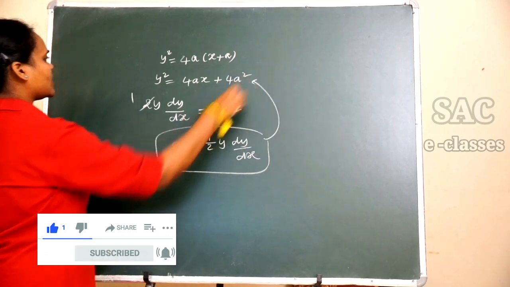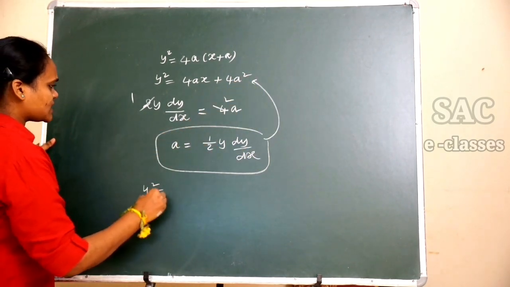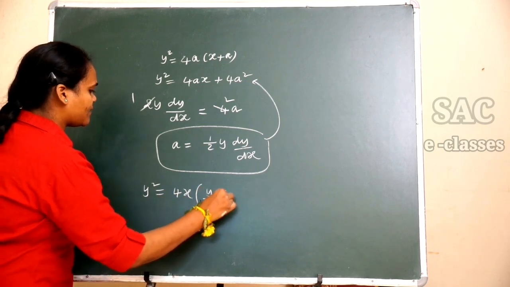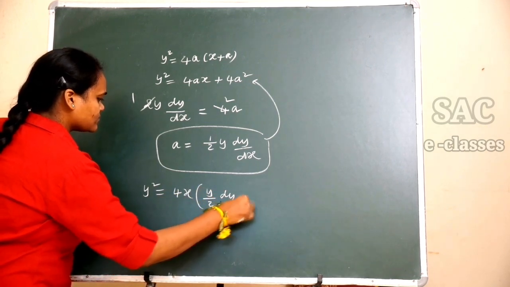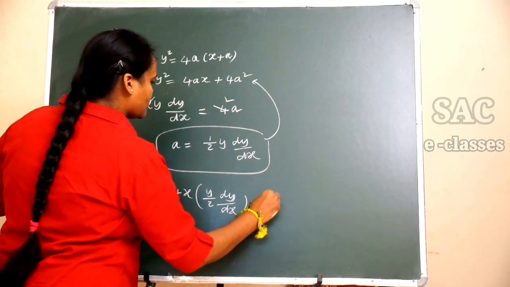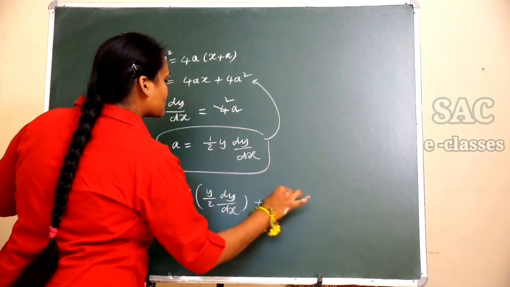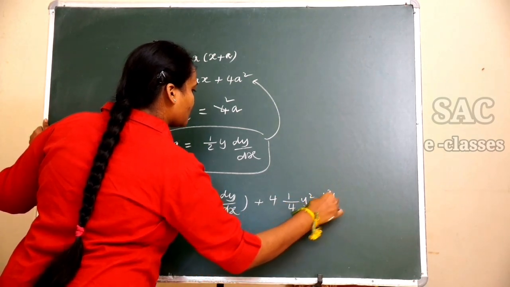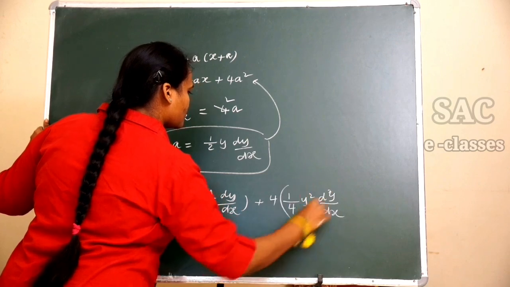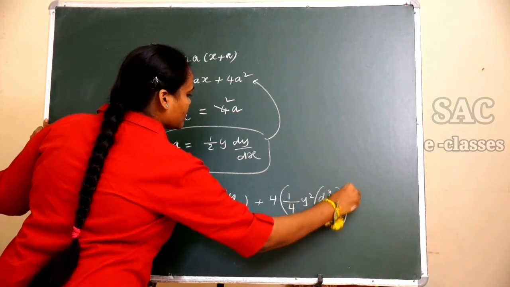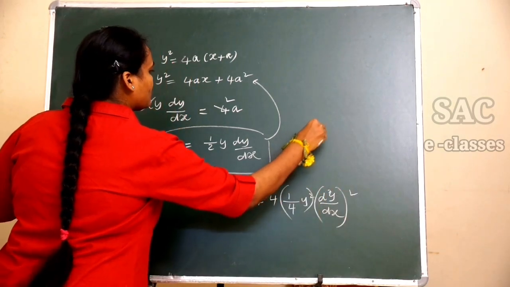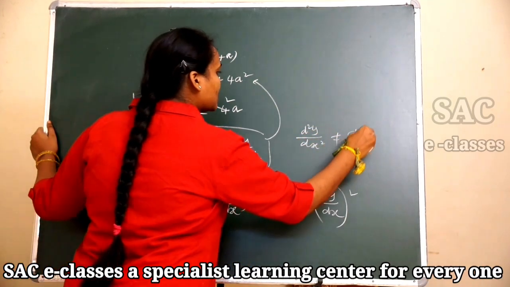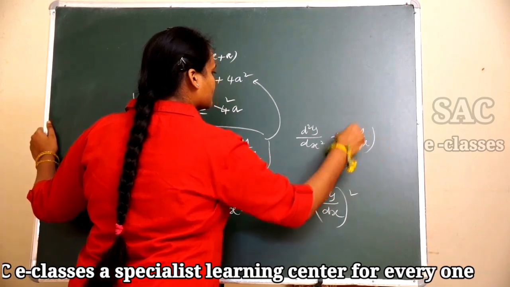Let's substitute the same thing here. y square is equal to 4x into y by 2 dy by dx plus 4 into a square, which is 1 by 4 y square into dy by dx whole square. And remember, d square y by dx square is not equal to dy by dx whole square.